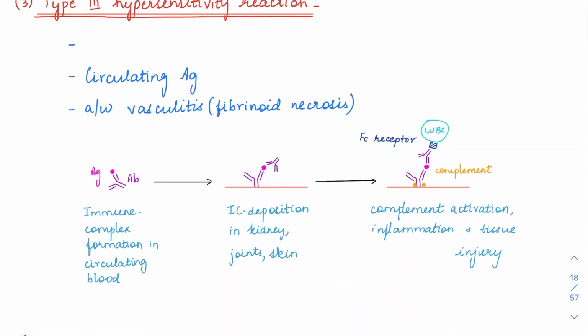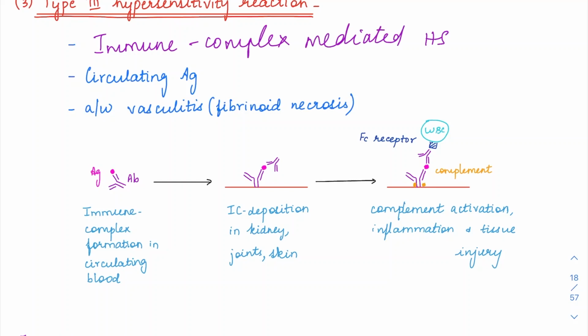The third type of hypersensitivity reaction is called immune complex mediated hypersensitivity reaction. Here again, as I mentioned, the antigen has to be a circulating antigen against which the antibody is formed. This antigen-antibody complex is formed in the blood itself, and the circulating complex will come and attach to a fixed tissue, and then it will activate complement.